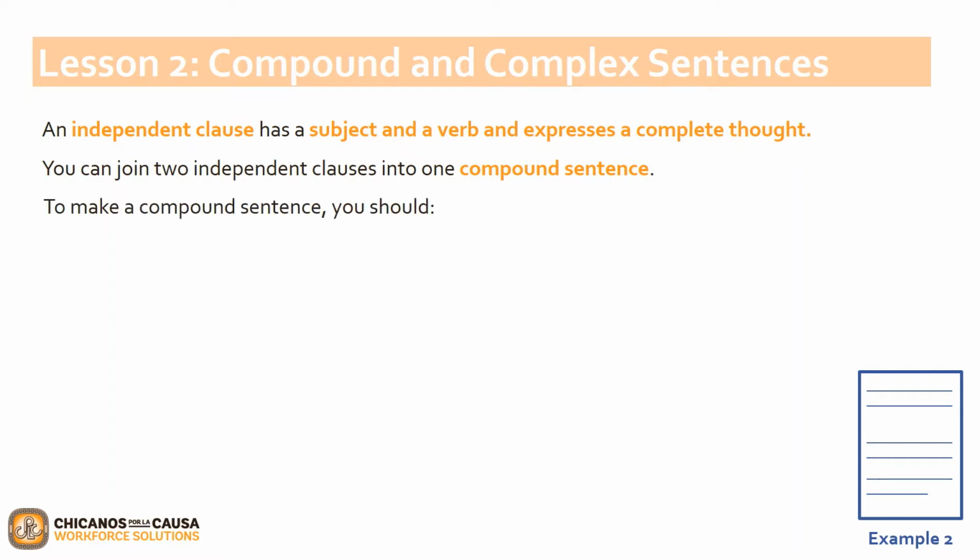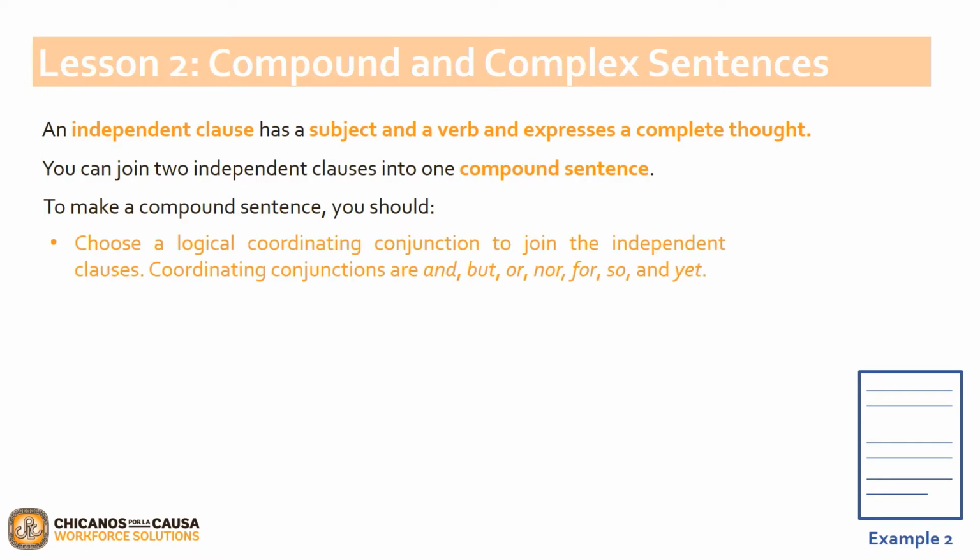To make a compound sentence, you should choose a logical coordinating conjunction to join the independent clauses. Coordinating conjunctions are the words and, but, or, nor, for, so, and yet.